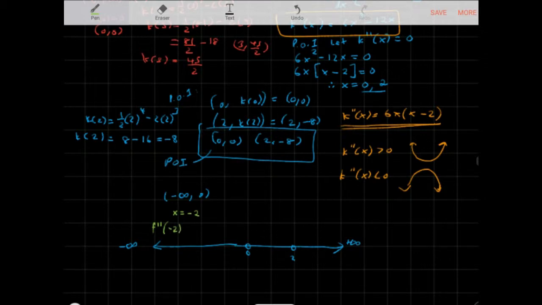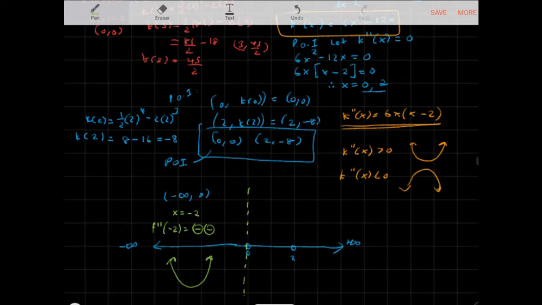You're going to get 6 times negative 2, which is negative, and then negative 2 minus 2 is negative 4. Two negatives give a positive, so this portion here is concave up.